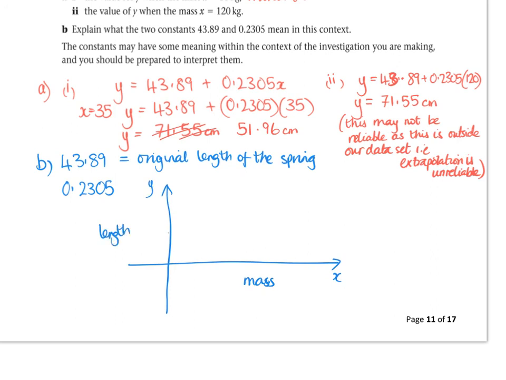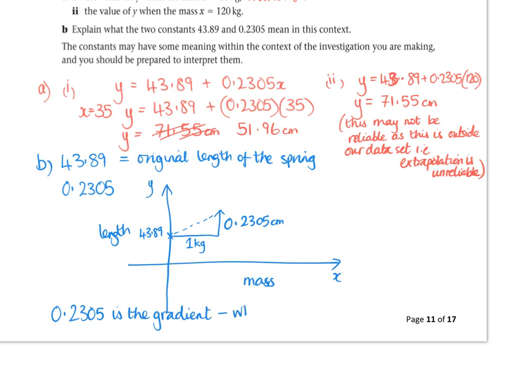It started off at 43.89, and for every kilogram that you add, it actually extends by 0.2305 centimetres. So that's the reality, that's the gradient of the regression line. It's not enough to just say it's the gradient, we've got to put that into real life context.